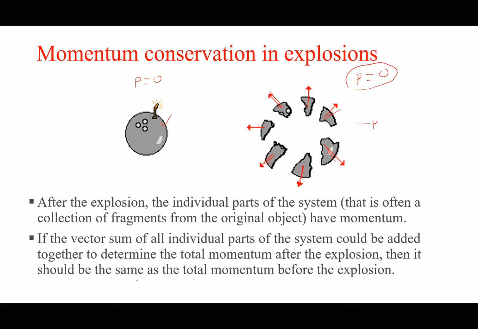So this means our momentum is going to be conserved even after an explosion. Total momentum before the explosion was zero, so we expect that total momentum after the explosion should still remain zero because momentum is always conserved as long as the system is an isolated system.